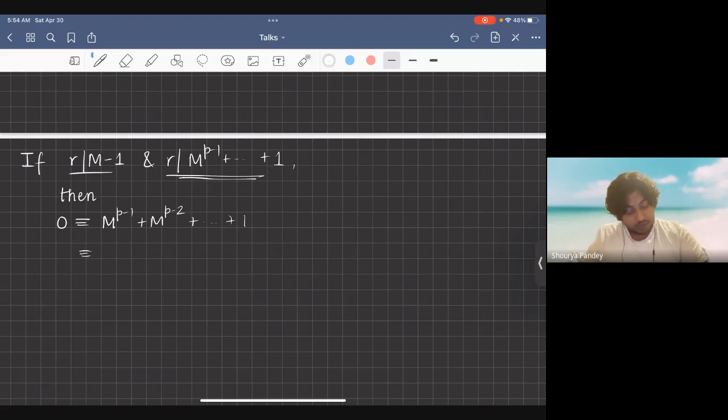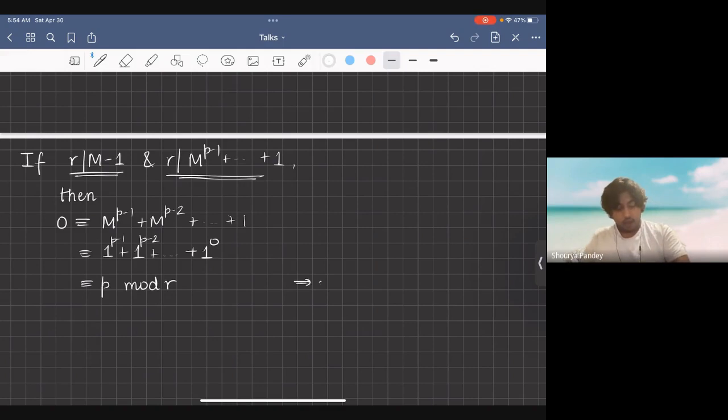But from this, each of these is just 1, so it is 1 plus 1 plus up to 1. But this is p mod R, which means R divides p.